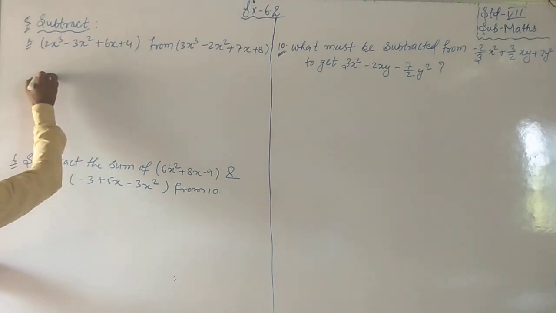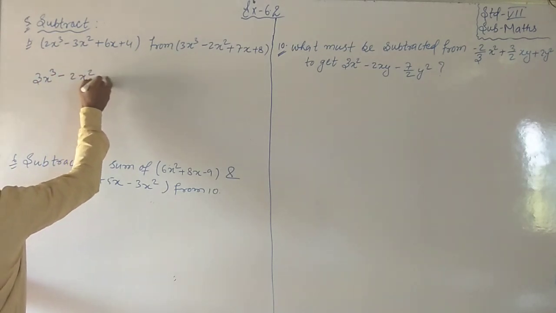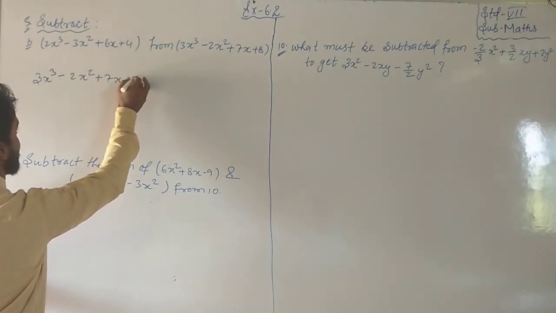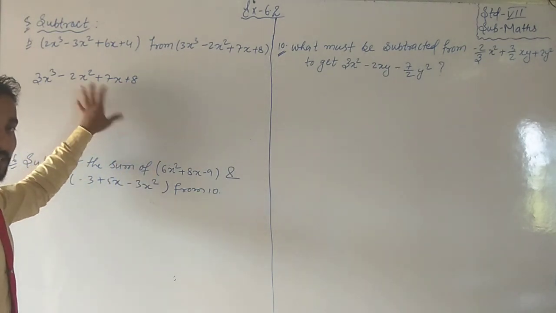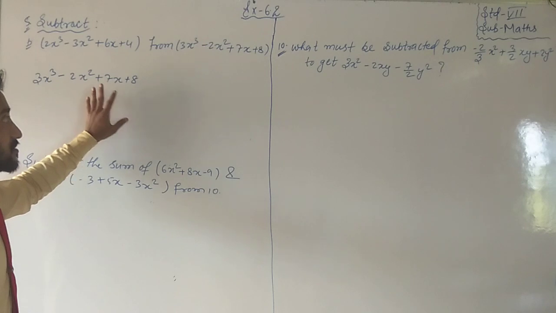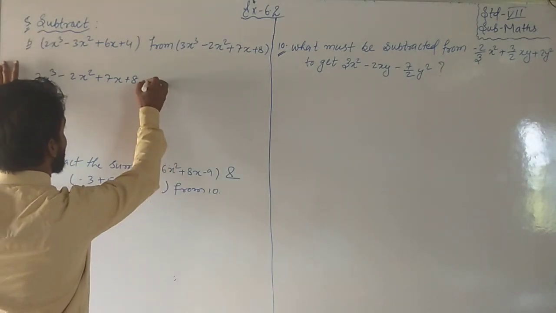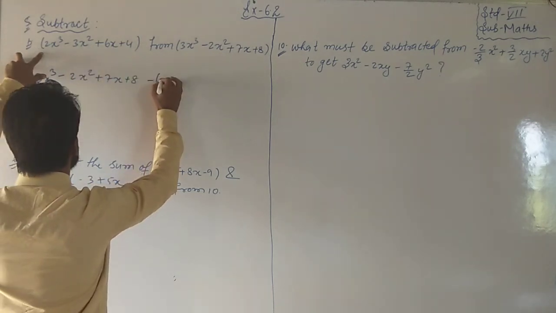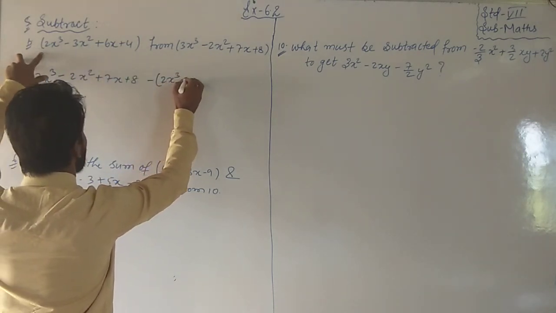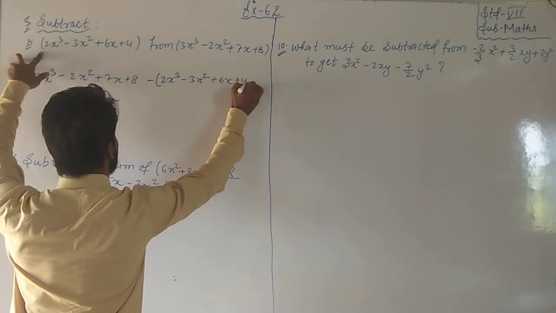So write here 3x cube minus 2x square plus 7x plus 8. There is no need to write it in a bracket, because without the bracket the value will be the same. Subtract means now we will put a minus here. Okay students, what terms are given? 2x cube minus 3x square plus 6x plus 4.